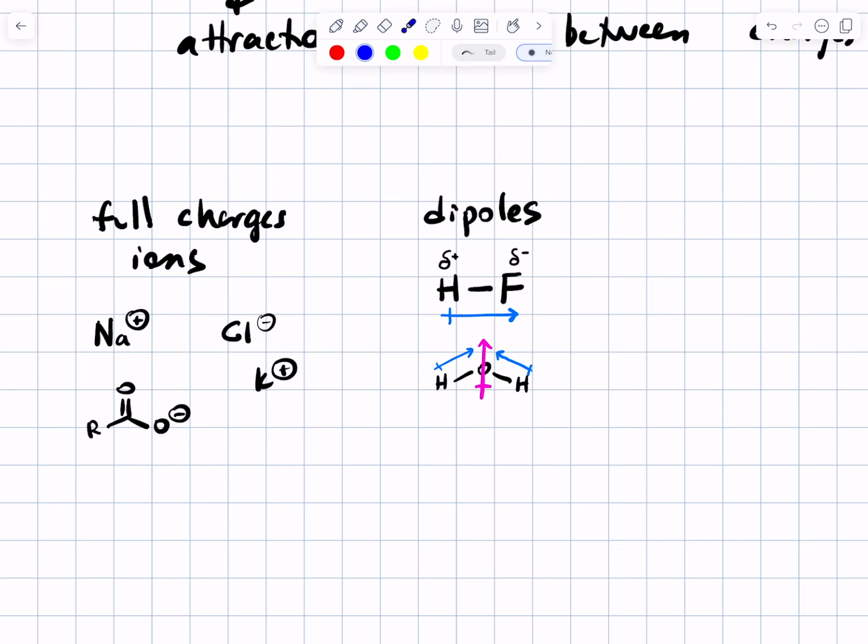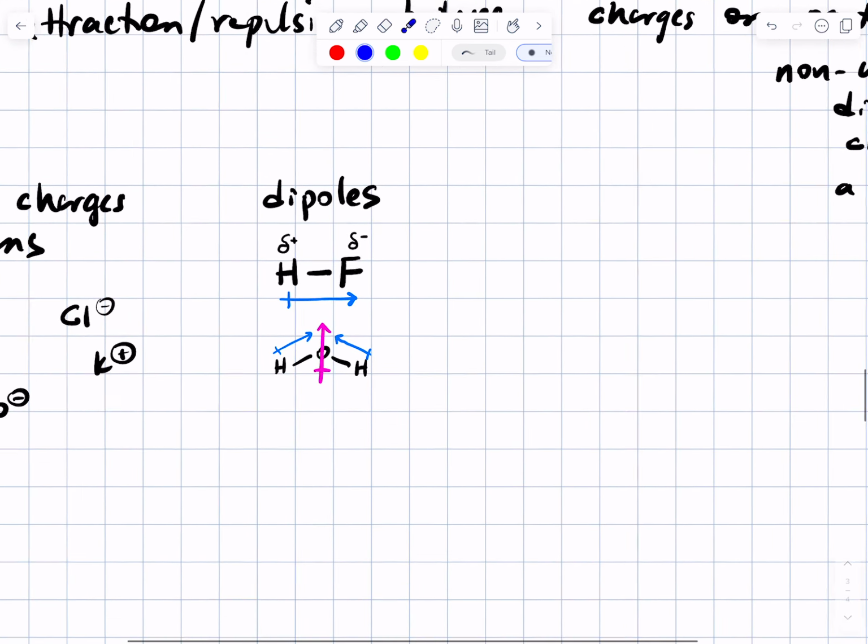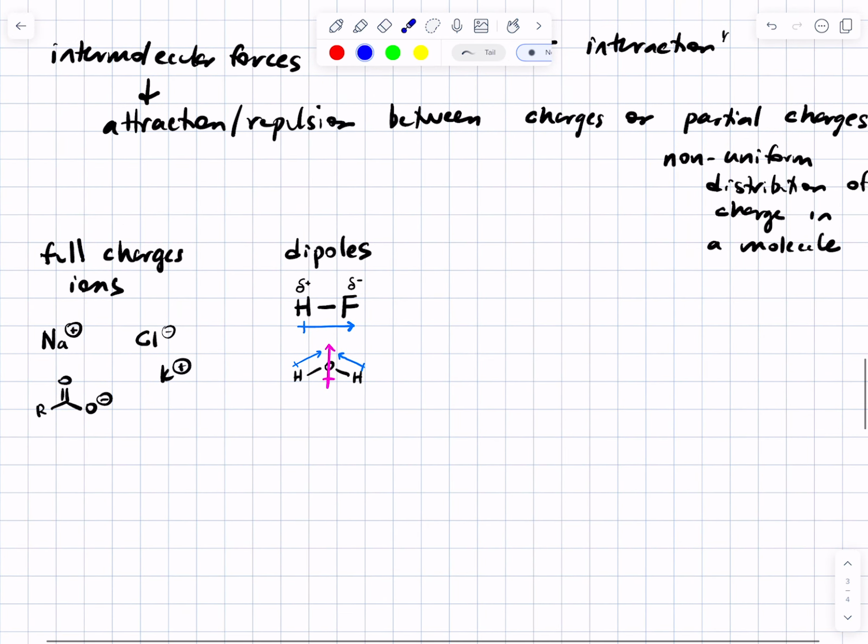I'm telling you, mix and match. There's also ion-dipole interactions. And you don't need to memorize them because they're all based on the same thing, which is attraction of opposite charges, either full or partial. There's another one that you probably don't know about, but we are going to talk about because it has to do with organic molecules, quadrupoles.